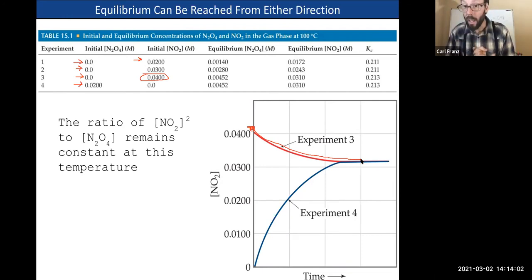If we start with it, we get to a certain point where it levels off at around, I'm sorry, 0.03. If we start, however, with dinitrogen tetroxide, then in experiment 4, there's 0 nitrogen dioxide. Okay, so we're starting with 0, and it's going to increase over time.